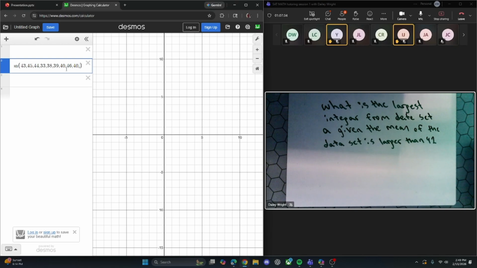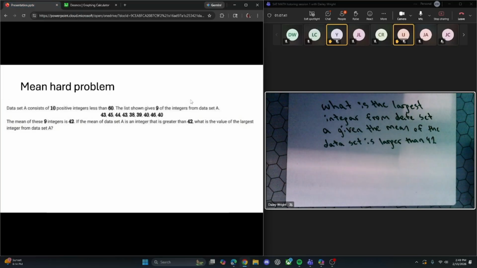So we would start at 59. Do you get that part? We're trying to find an integer that's less than 60 because it says it consists of 10 positive integers less than 60.